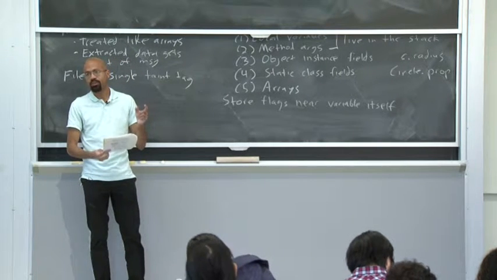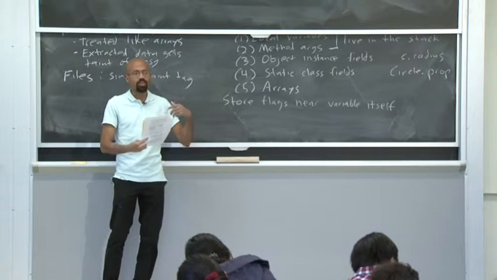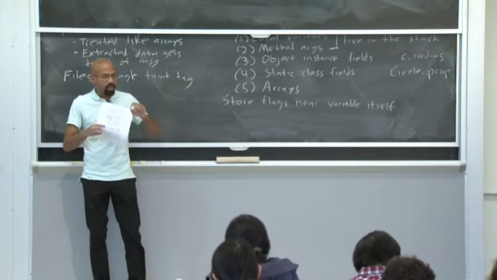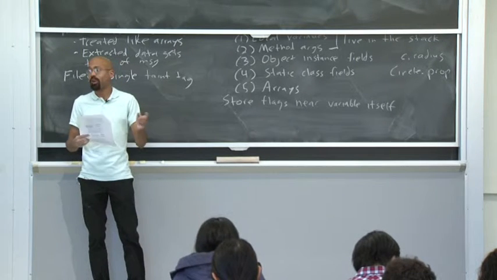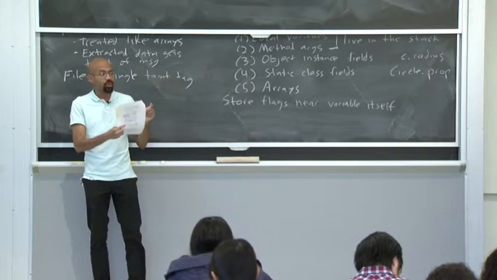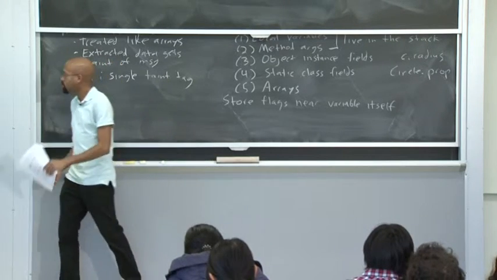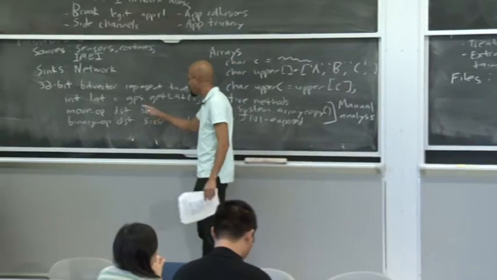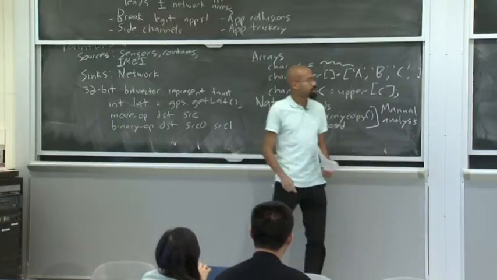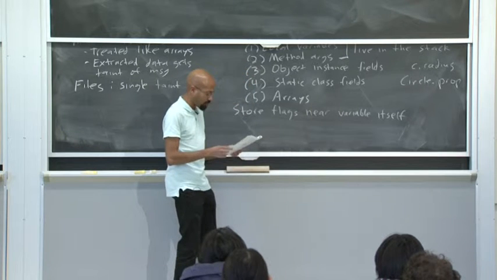We want to store some taint state with that, and we want to keep that state as close to the variable as possible, to make the cache work efficiently at the processor level. If we were to store taint very far away from that variable, that could be problematic, because when the interpreter looks at the memory value for the actual Java variable, it's going to want to very quickly thereafter, or even before that, look at the taint information. The same places in the code where the interpreter is looking at the values, it's also looking at taint. So by storing these things close to each other, you make the cache behavior better.